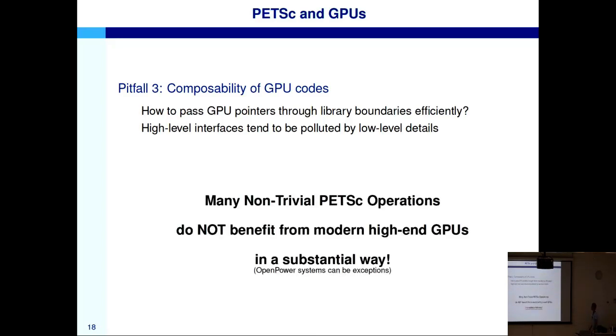So the frank evaluation of GPUs is, so many non-trivial PETSc operations do not benefit from modern high-end GPUs in a substantial way. So important is non-trivial and a substantial way. By substantial, I mean a factor of 2 at least.